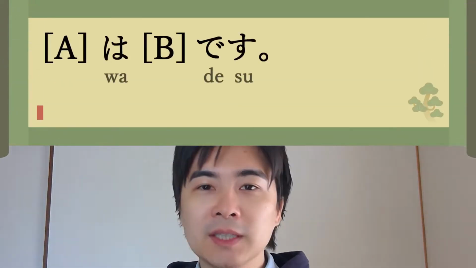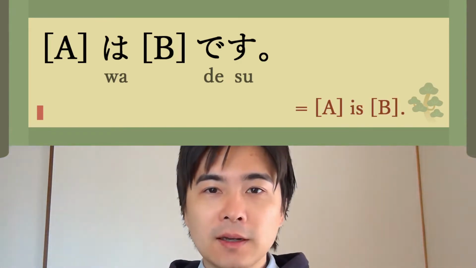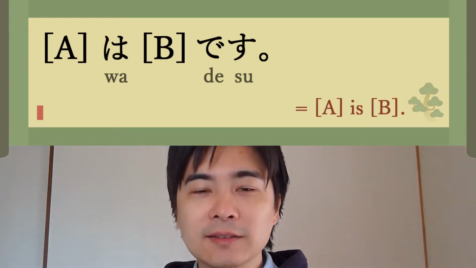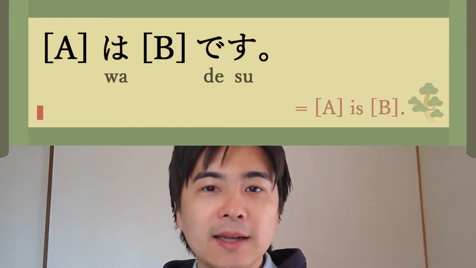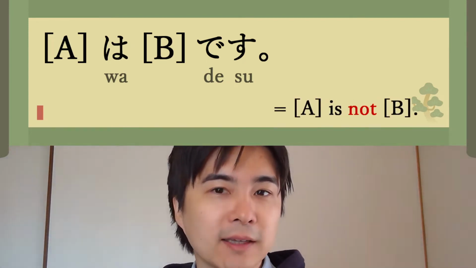We have already learned the most basic sentence pattern. A は B です。This means A is B. When we want to make this sentence negative and say A is not B, we change this sentence a little.